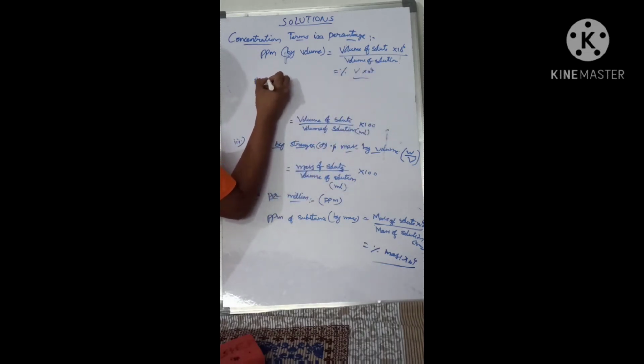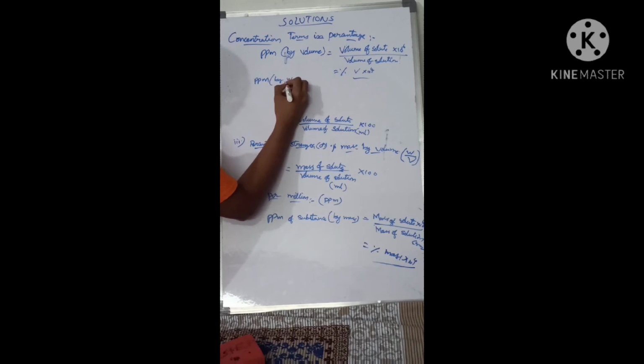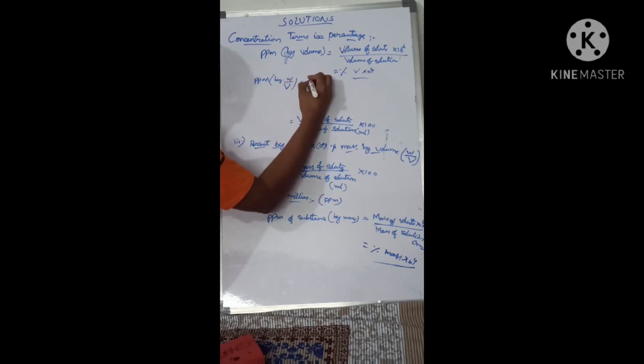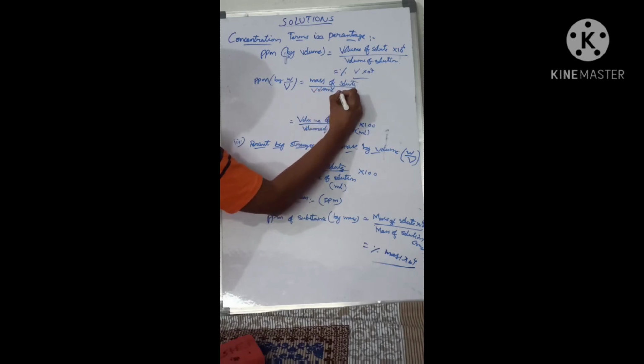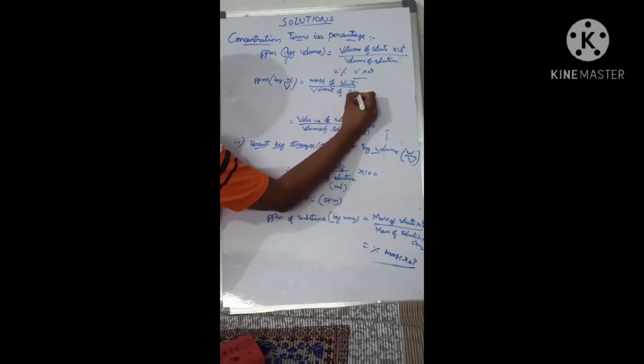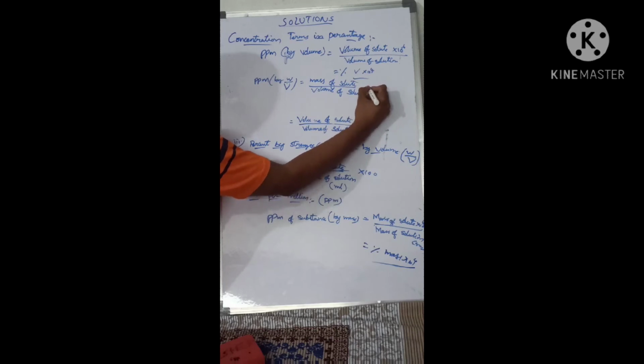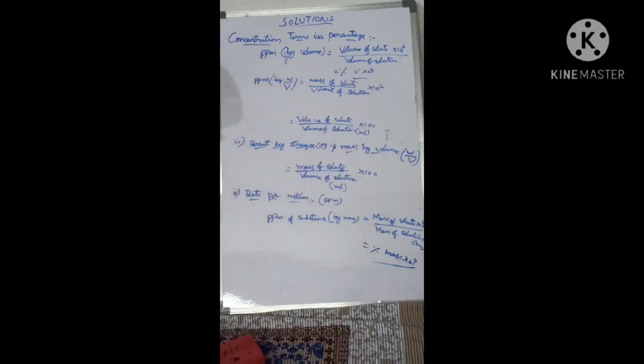Next, ppm by strength or mass by volume: mass of solute by volume of solution into 10 power 6.